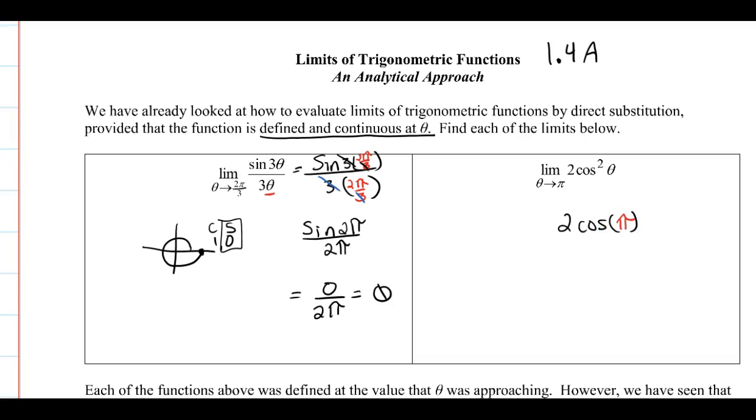And when I have this square here, this means that it's the entire cosine that is squared. 2 cosine of pi will be over here, -1, 0. That's cosine and sine. So cosine of pi is -1, and that -1 is squared. 2 times 1 equals 2.